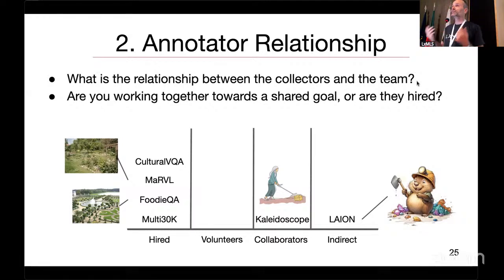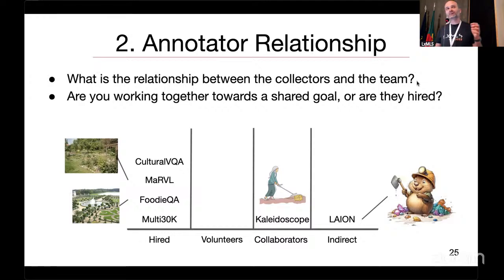So in Kaleidoscope, we welcomed data contributions from around the world through a Discord server that Cohere Labs runs. And if people contributed above a certain minimum threshold, we invited them to be collaborators on the scientific article. And I think that's a really interesting way of structuring how you collaborate with people, because it gives a different incentive to paying people for a task they don't care about.